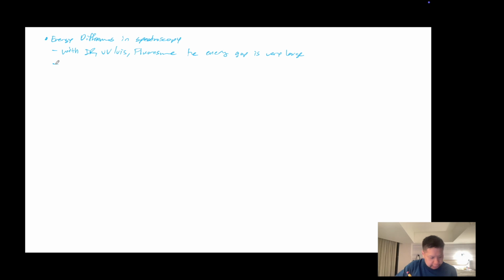In contrast, the energy gap between the alpha and beta states of an NMR is very small in comparison.